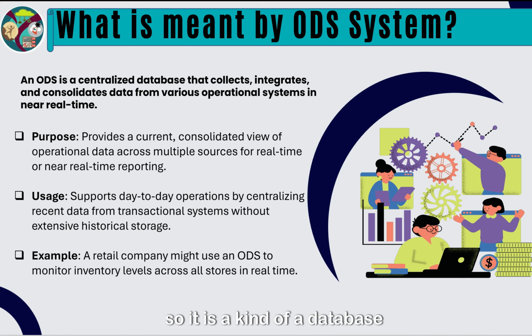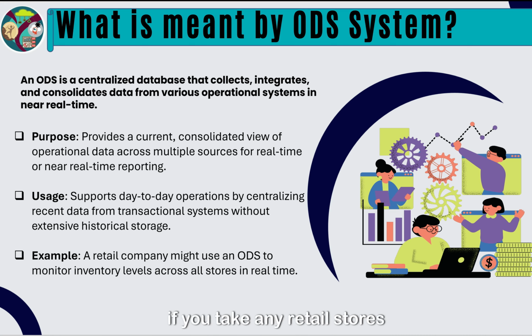The purpose of this ODS is to provide a current and consolidated view of the operational data across multiple sources for real-time or near real-time reporting. The usage is that it supports day-to-day operations by centralizing recent data from transactional systems without extensive historical storage.